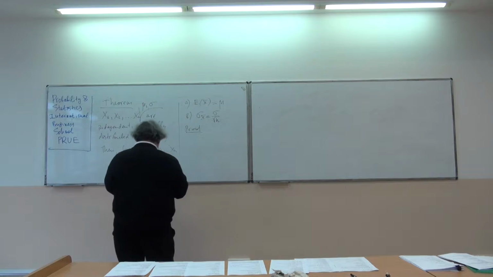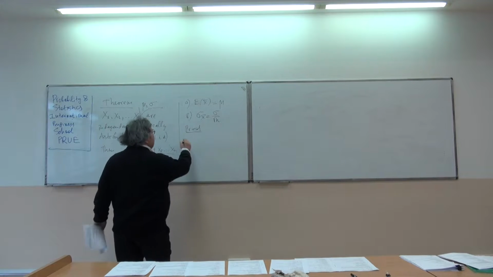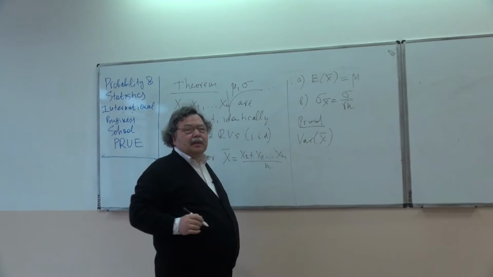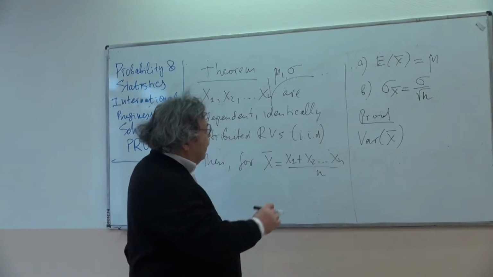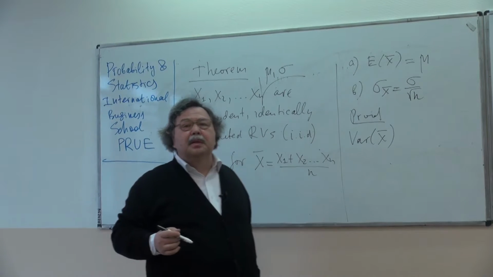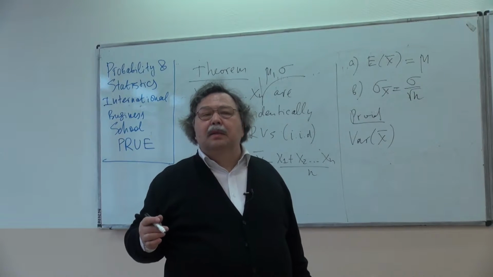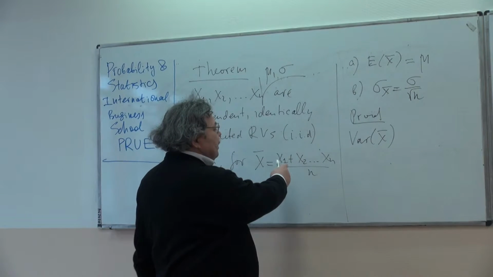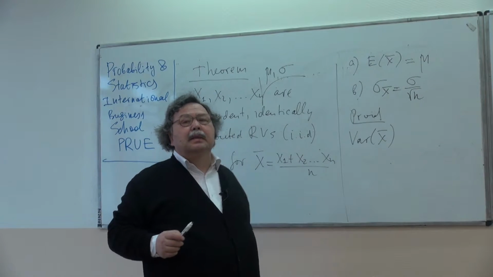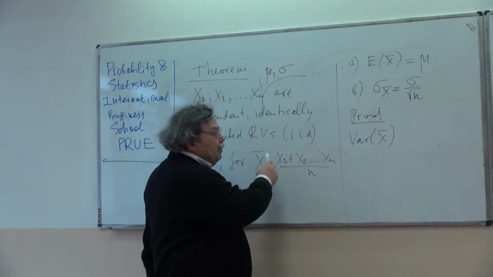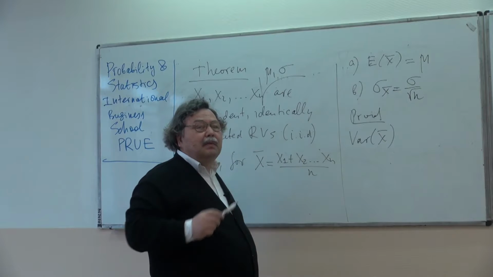Proof. All right, let's write this. Variance. What is the variance of x bar? Look at this. We can look at this average as a result of two operations. First, we add up n identically distributed random variables, and then we multiply by the factor of 1 over n.